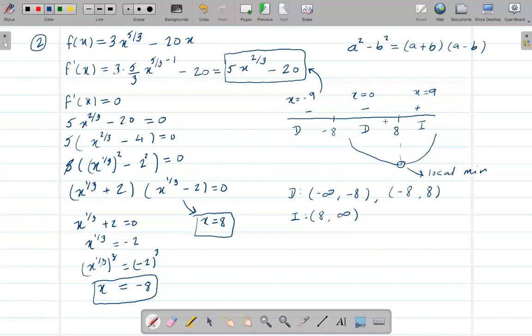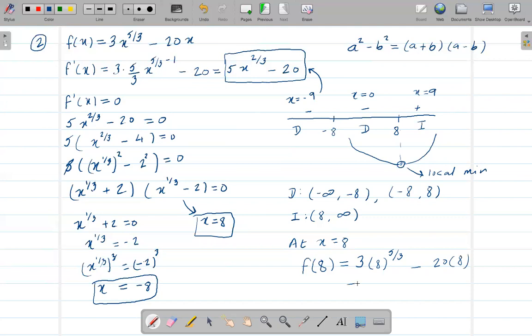And now to find the local minimum point, I can say at this point, which is x equal to 8, to find the exact point, I have to use the original equation again. So f of 8 is equal to, plugging this into the equation, x to the power 5 over 3 minus 20 times 8.